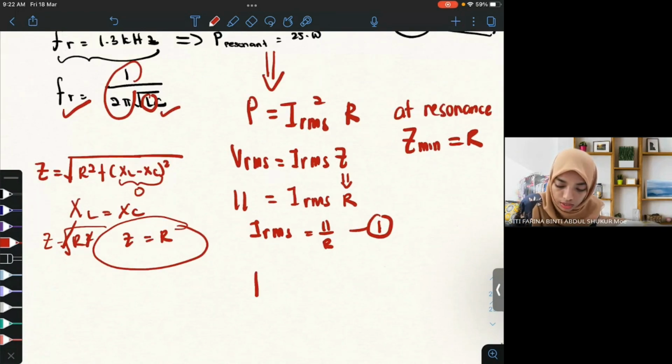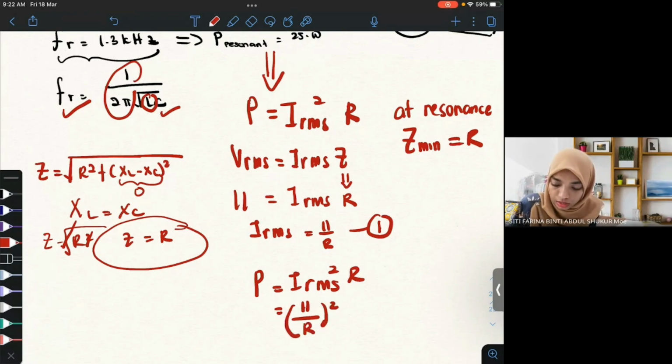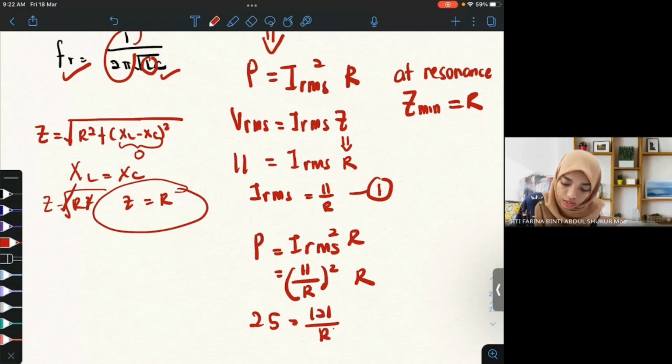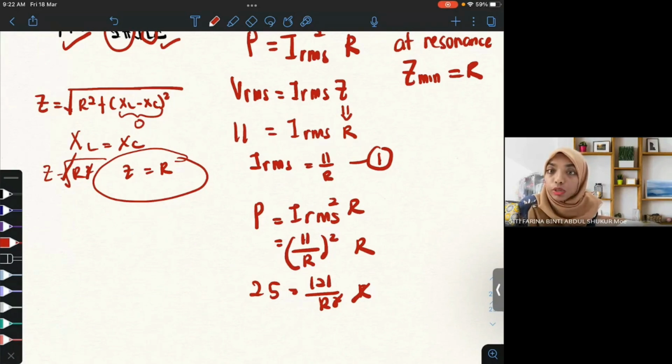Now take this one, substitute in your P. I RMS kamu akan jadi P, 25, equals 11 square, 121 over R square, darab R. Cancel, tinggal R sahaja. Now you are left with the R yang kita looking for. So 121 divide 25, dapatlah R kita sebanyak 4.84 ohm.